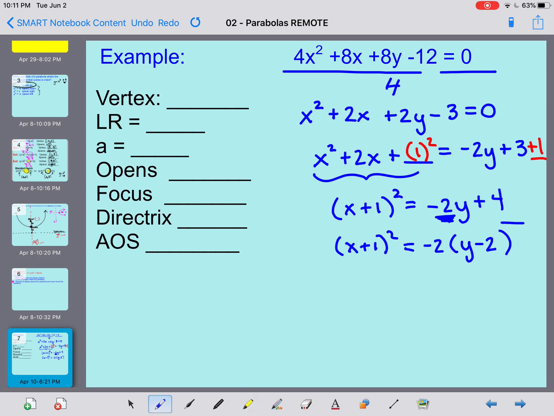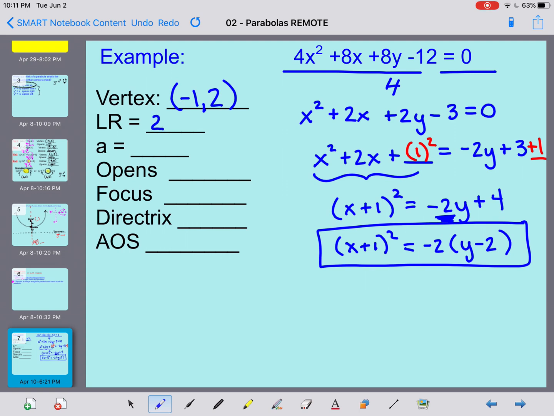So now this is my standard form. So let's go through our checklist here of fill in the blanks. What's the vertex? The vertex would be -1, 2, h, k. The LR, again, we're going to skip this for this year, so you can skip the blanks. For those of you that want to know, the answer is 2. It's that 4A value, but again, don't worry about that.